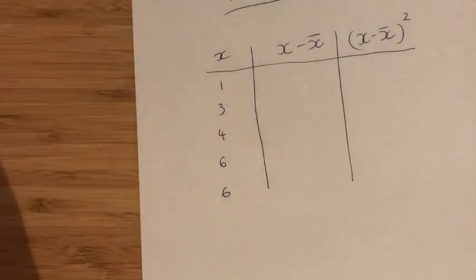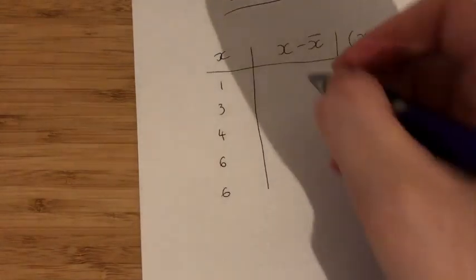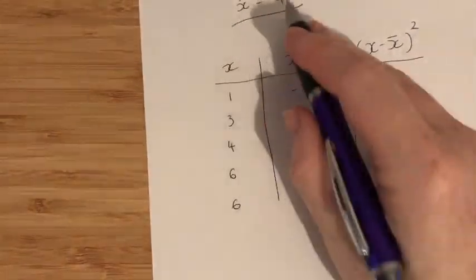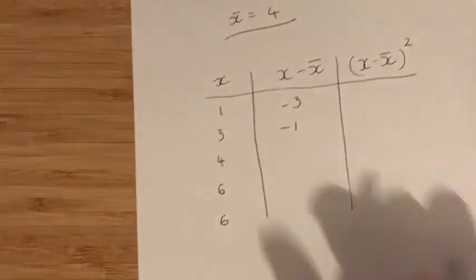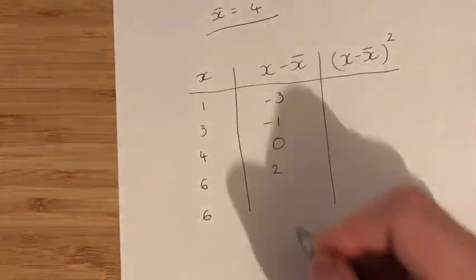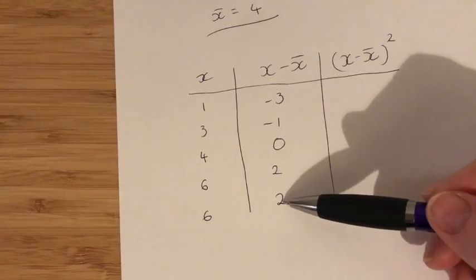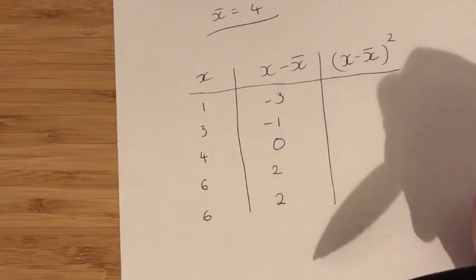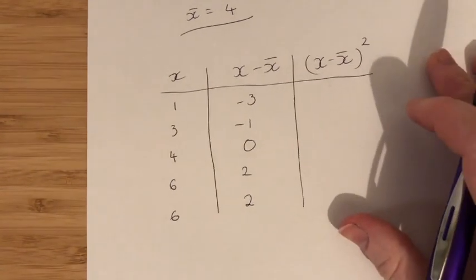Right. As I said, this is a non-calculator paper question. So 1 minus 4, negative 3. 3 minus 4, negative 1. 4 minus 4, 0. 6 minus 4, 2, and 2. And then if you were to add that up, 2 plus 2 is 4, minus 1 minus 3, back to 0. So looking good so far.